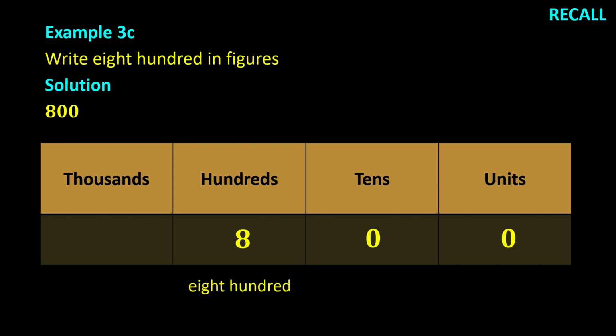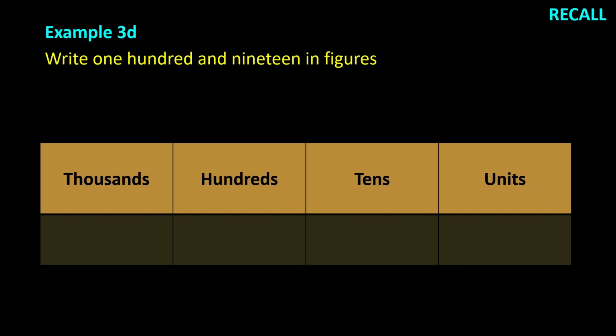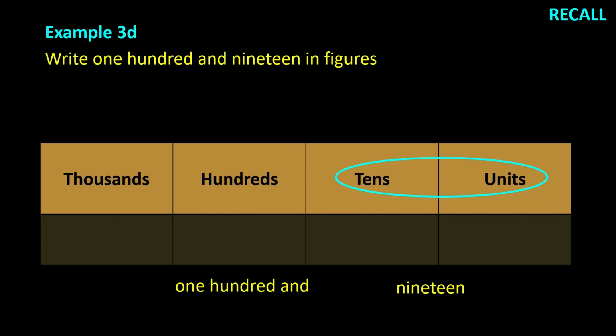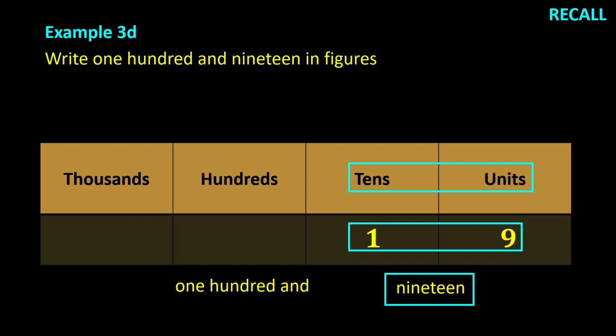And now for another example, we're going to write 119 in figures. Again, let's split this into parts. We're going to write 100 here and 19 covering the tens and the units. Since 19 is written as 19 as shown here.